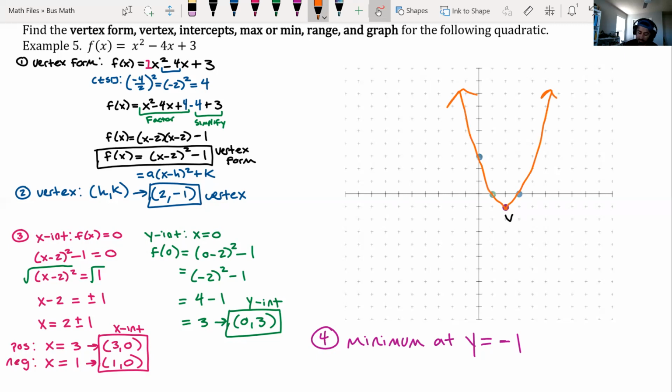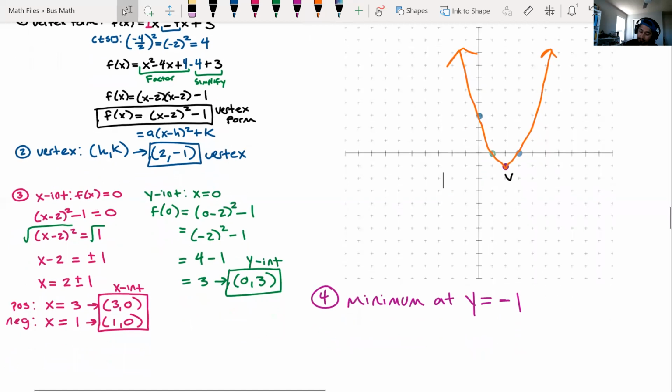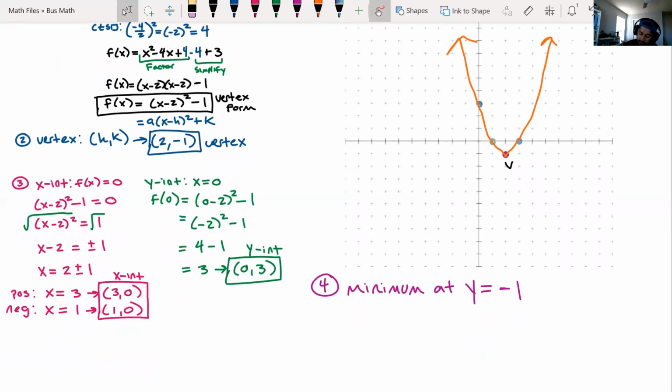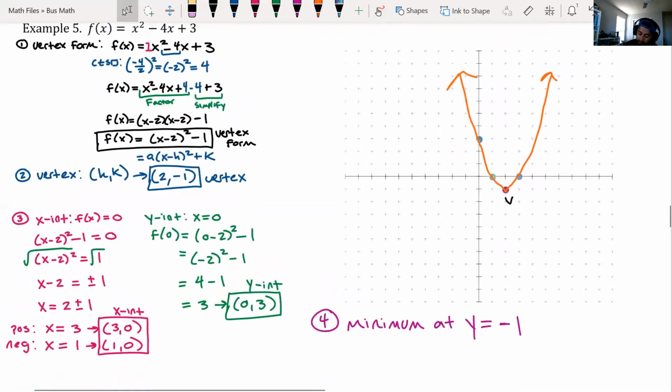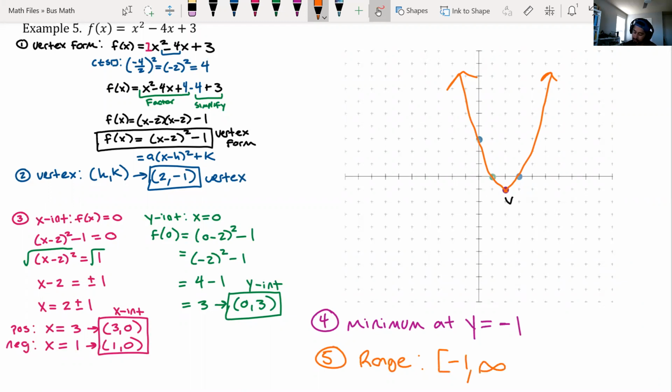Okay. Which means for step 5 we want the range. And since my parabola opens up, my range will start at the y value of the vertex and head towards infinity. There we go.